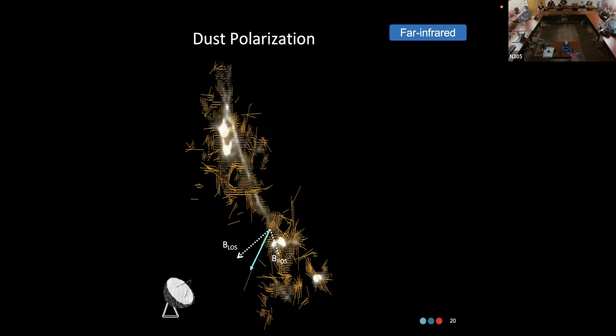But these observations only give us the plane of sky magnetic field averaged along the line of sight. So we need the line of sight magnetic field information, and we also need tomographic information so we can get rid of those averaging effects.